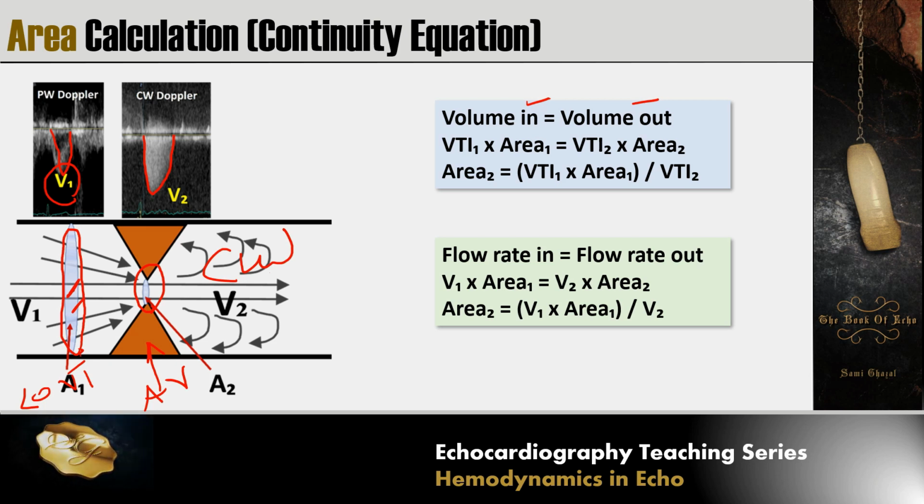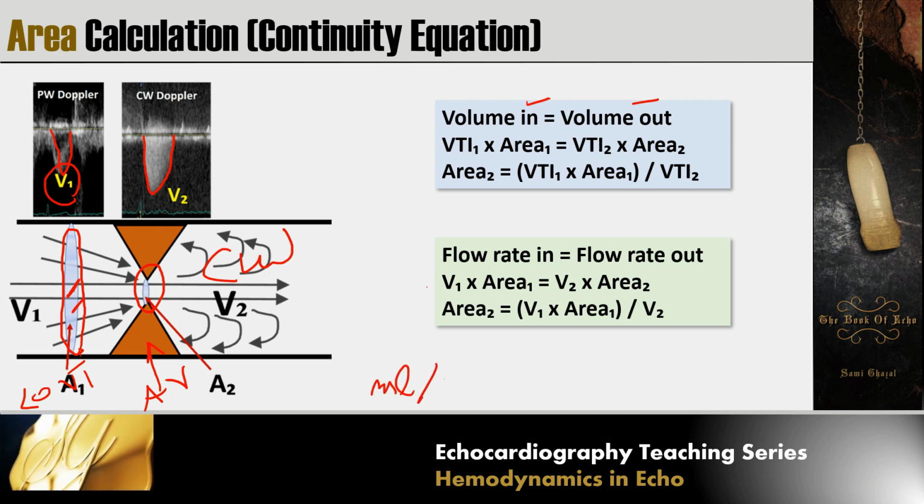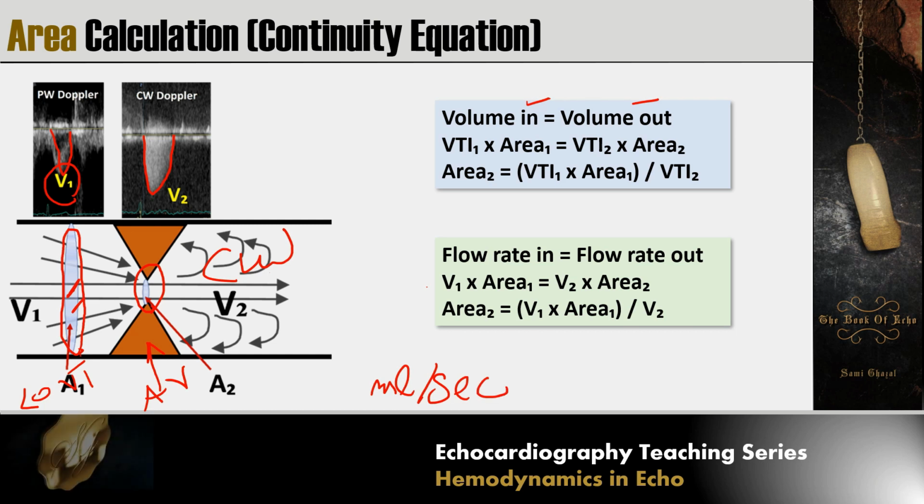Sometimes we use the flow rate. It is less accurate than the VTI. Flow rate is velocity. So if we have velocity times area, it's not VTI times area. If we do velocity times area, we will get the flow rate, which is ml per second, or cubic centimeter per second.